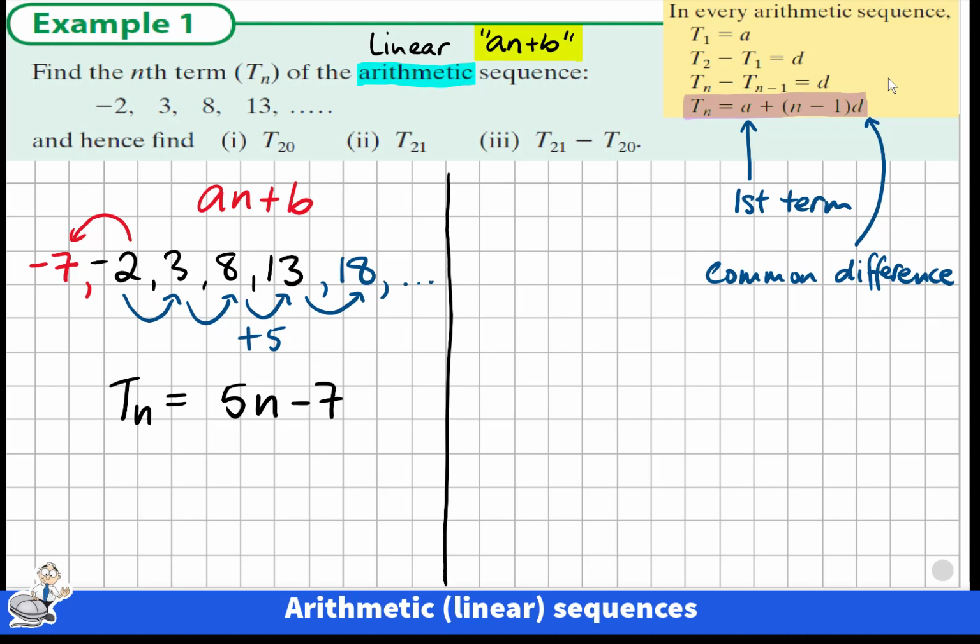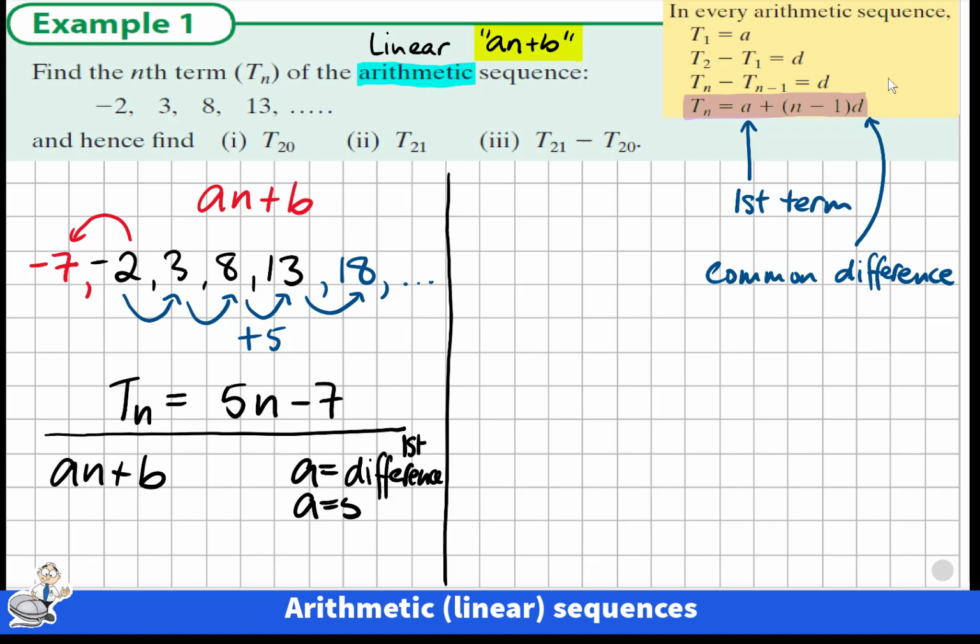You could also come to that using inputs and outputs. So another method that we have to do this already, we know it follows the pattern an plus b, and we know that a is equal to the common difference. What do we call the common difference? The first difference is what we call it here. That a is the first difference. So we could look at this straight away and say a is equal to 5.